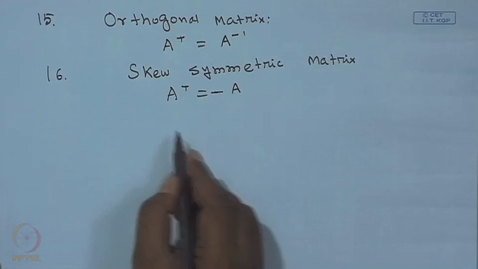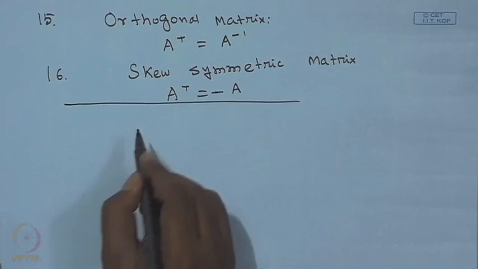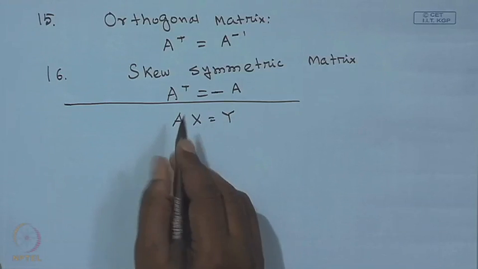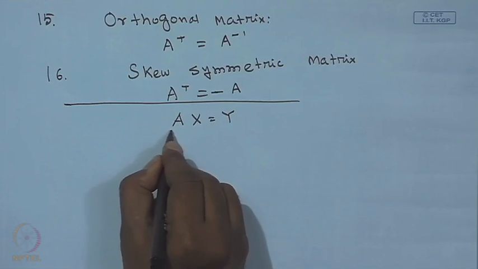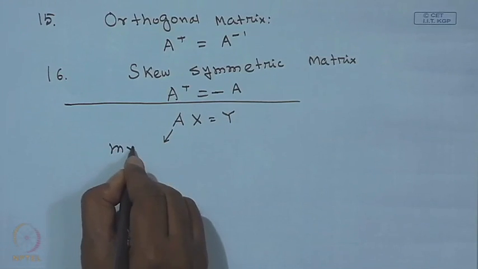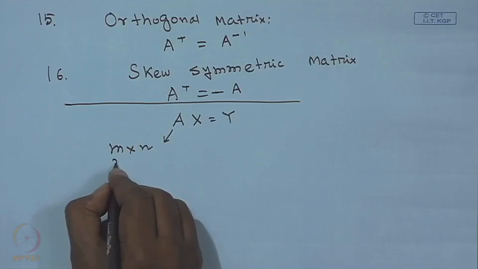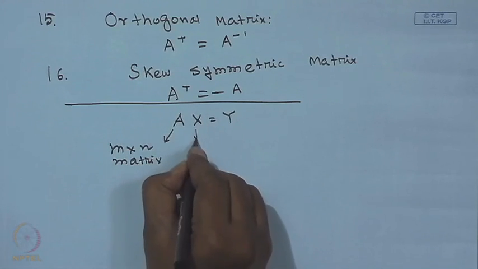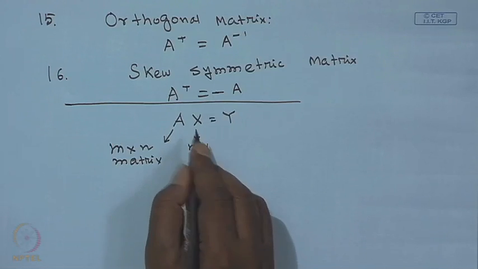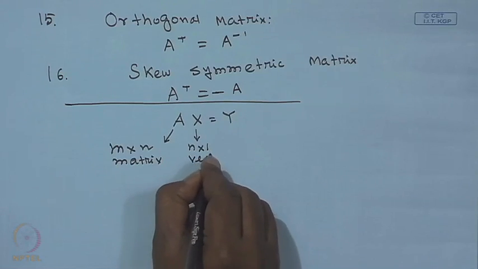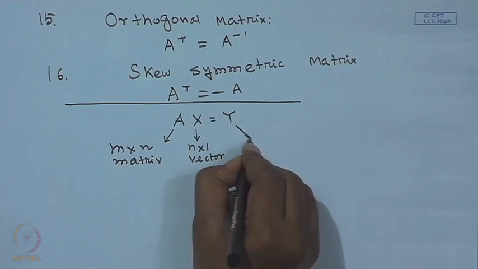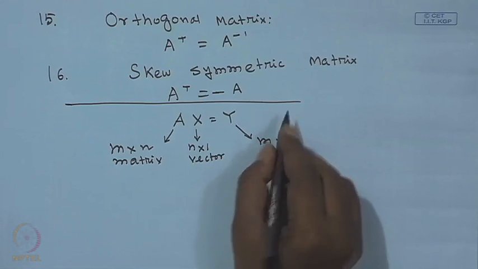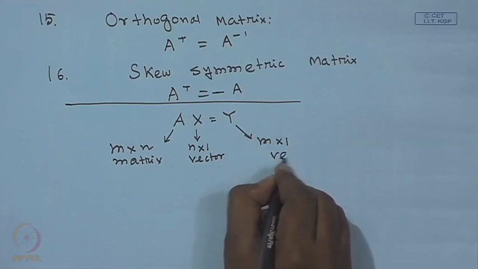Then let us look into matrix operation. Okay. Let us say A x is equal to y, where A is an m cross n matrix, whereas x is an n cross 1 vector. Then y is nothing but an m cross 1 vector.